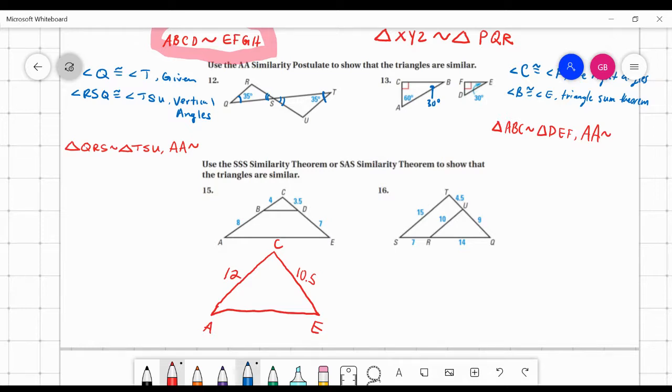Okay, so I'm comparing this small triangle here and then the big triangle. Those are the two triangles that I'm going to show are similar. Okay, so first, let's compare the two sides. Okay, side angle side. So let's compare the 4 to the 12 and then the 3.5 to the 10.5.